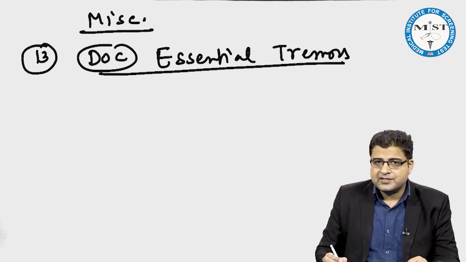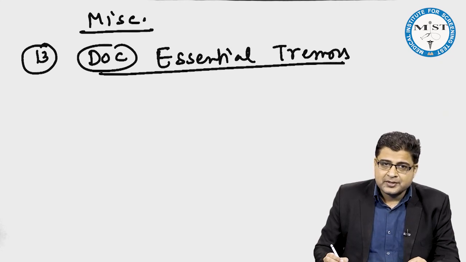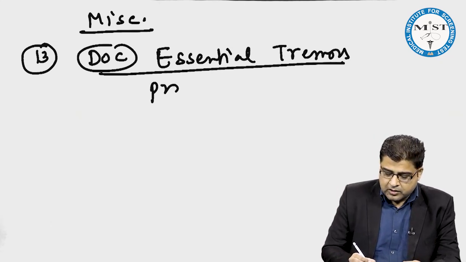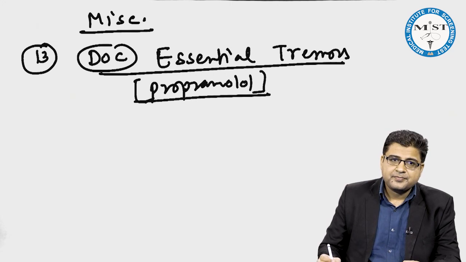Now, if I block this beta 2 receptor, I can control these tremors. So any patient suffering from essential tremors, by blocking beta 2 receptor, we can reduce the frequency of tremors. So propranolol, which is a non-specific beta blocker, is given for essential tremors as the drug of choice.